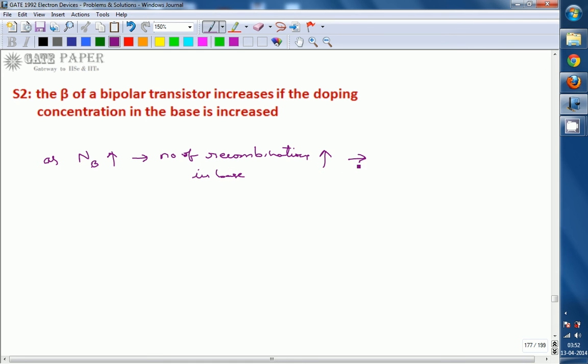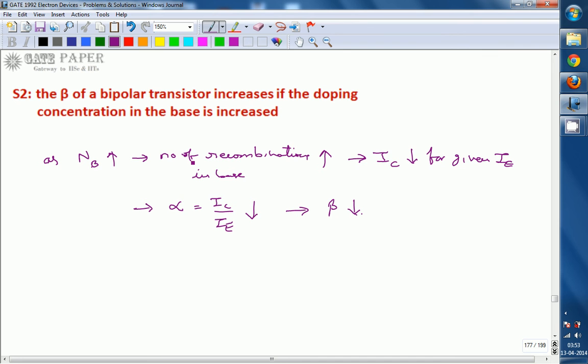Whenever the number of recombinations in the base increases, IC, the number of holes reaching the collector, will reduce for the given IE. Whenever IE is constant, you will get less IC as NB increases. That means alpha, which is IC by IE, reduces, and whenever alpha reduces, beta reduces.